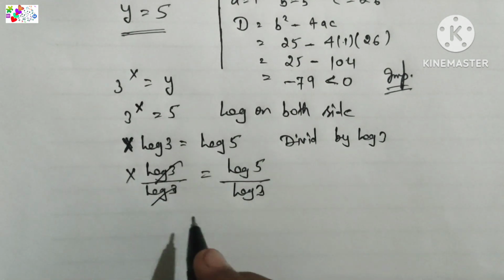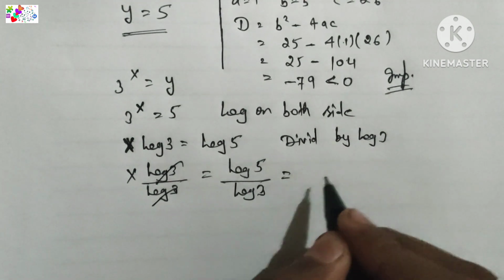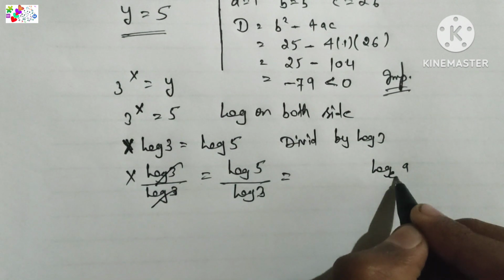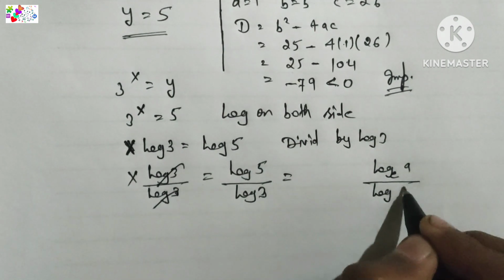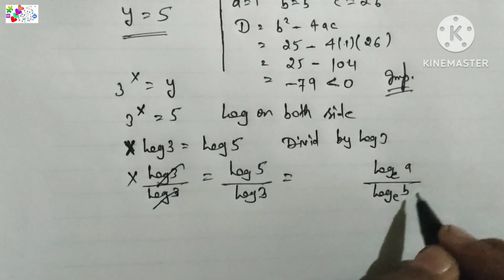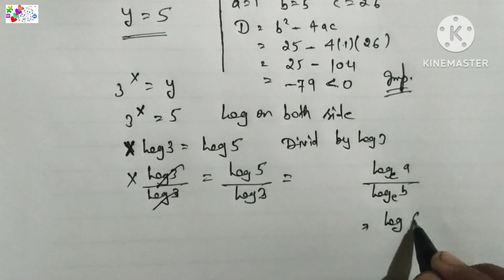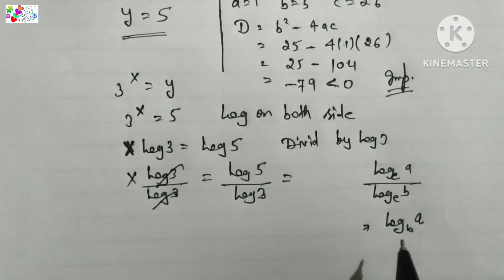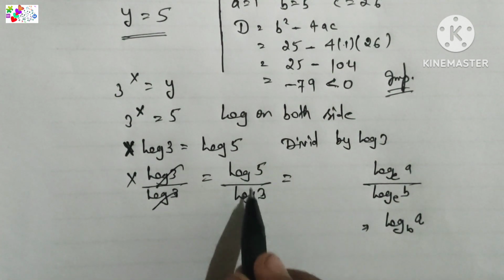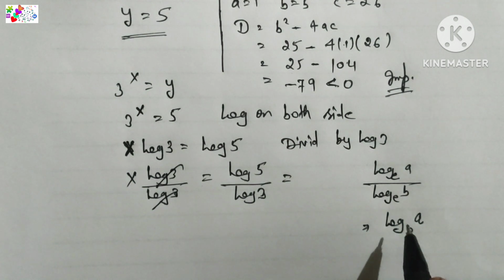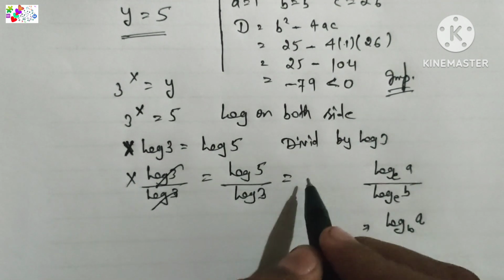This cancels out, and what we get, we know that log a base e upon log b base e is equal to log a base b. So I will use this formula, this type of logarithm property, in this step.